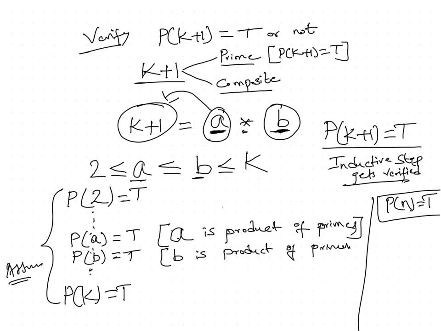So P of n becomes true means finally I can say that the given statement, n is a product of primes, where n greater than 1, has been shown. So this is the proof of the given propositional statement. Okay, thank you.